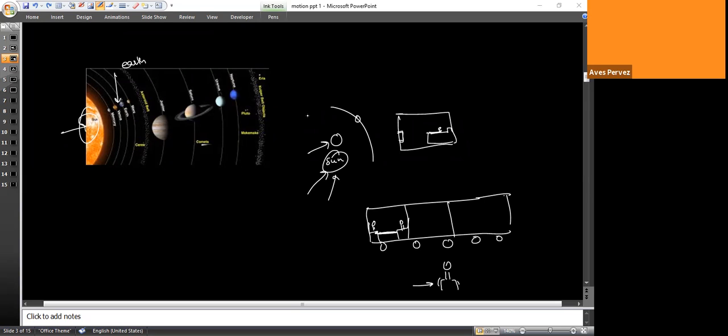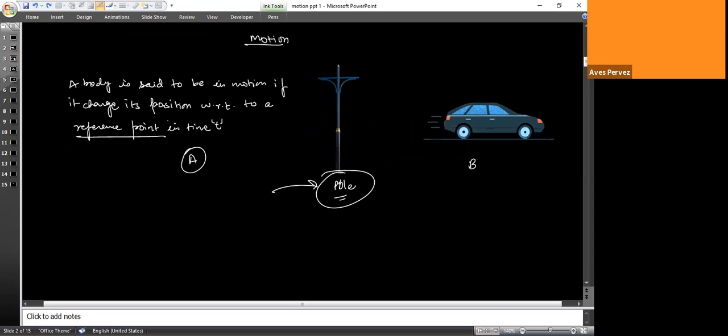Okay, beta, again I'm going to explain what motion is. Simply, it is the movement of a body. We can consider motion as the movement of a body from one position to another position with respect to a reference point. It is mandatory that you write here "with respect to a reference point", because if there is no reference point, we cannot consider that.